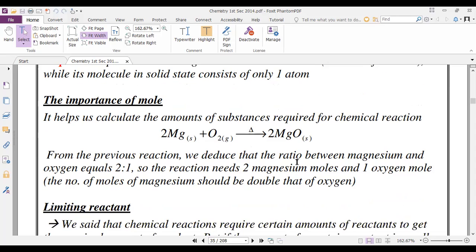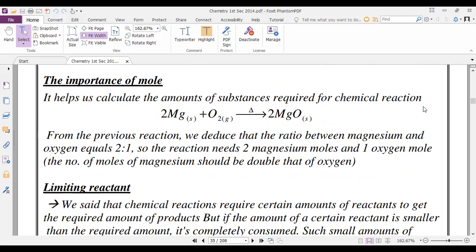Yes. Okay. So what is the importance of the mole? Try to read, please. It helps us calculate the amount of species required for a chemical reaction. From 2 Mg plus O2 by heating equals MgO, from the previous reaction we deduced the ratio between magnesium and oxygen equals 2 to 1.